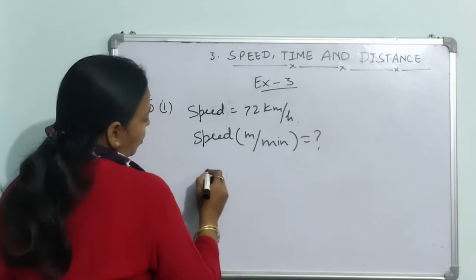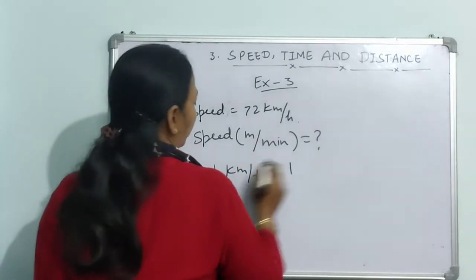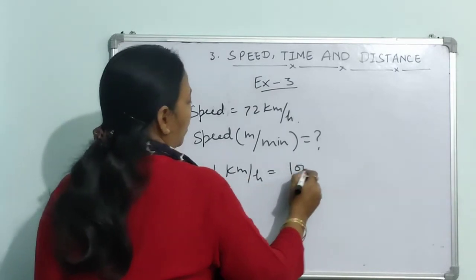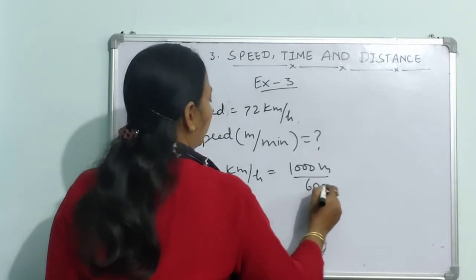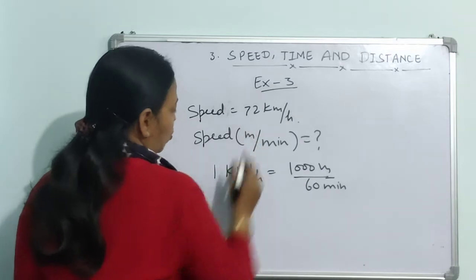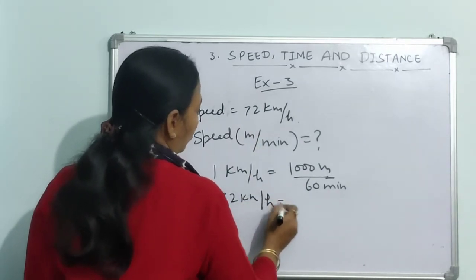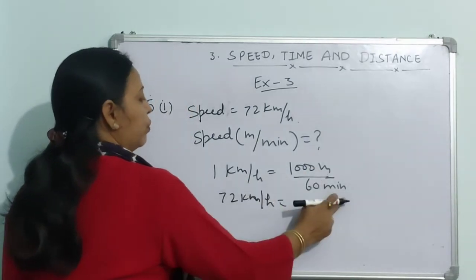So you change: 1 kilometer per hour is equal to 1000 meter, and hours in minutes will be 60 minutes. Meter per minute, 1000 upon 60.